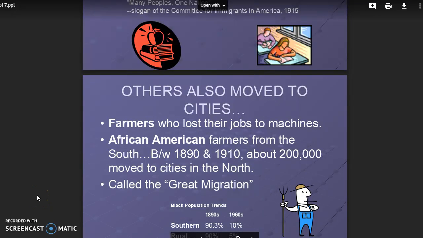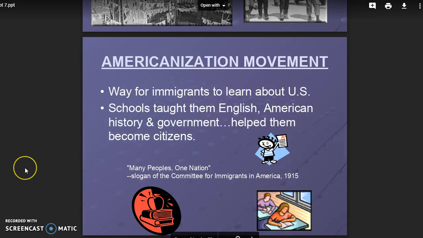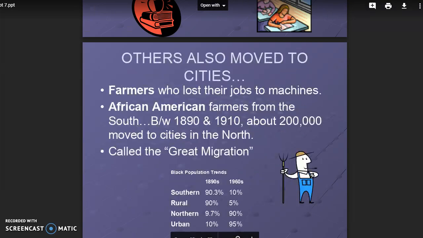I have a bonus question for you. What other group of people in the United States did we try to quote unquote Americanize? And what term did we use to describe that Americanization? Please write that down for question number 14 as well, if you remember.